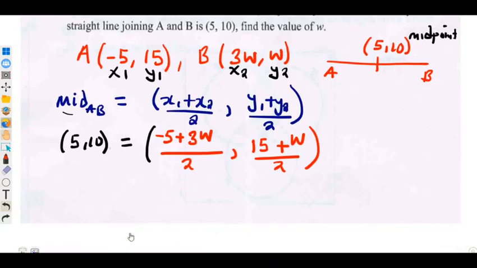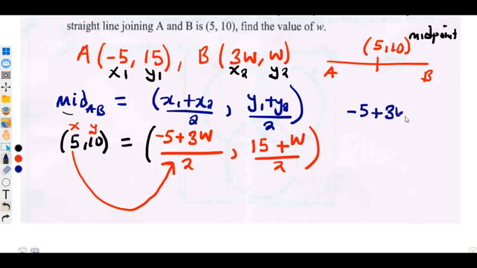So after coming up with this, what's next? From here, we are going now to equate. So this 5 will be equated to this, because this 5 is for x and this is the y. So upon identifying that, we are going to write negative 5 plus 3w over 2 is equal to 5. So this is a fraction, this is not a fraction.